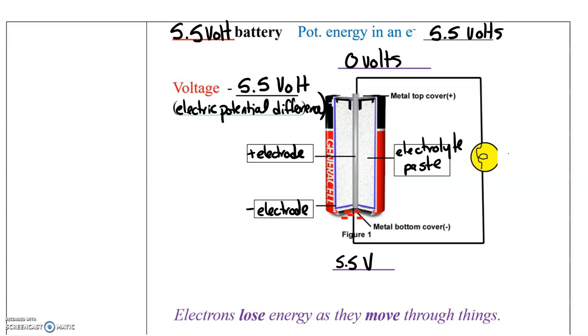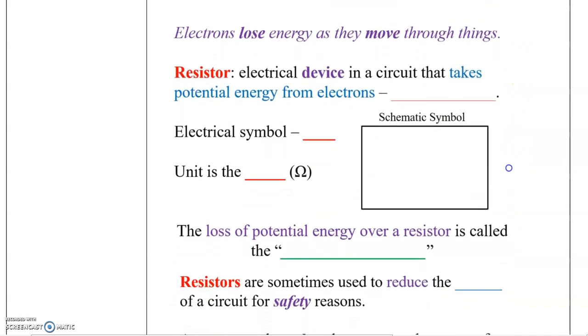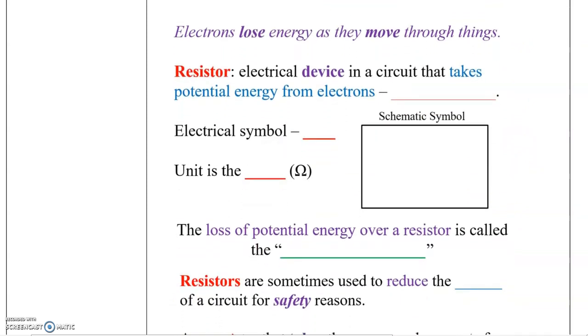Which brings us to our last important piece of the Ohm's law definitions, a resistor. A resistor is an electrical device in a circuit that takes potential energy away from electrons. It's called resistance. The electric symbol is R, and the unit is called the ohm.